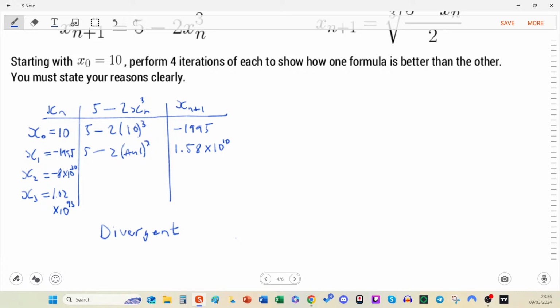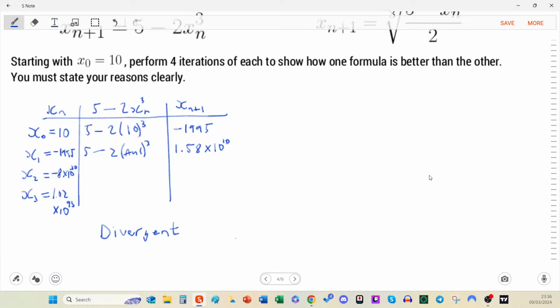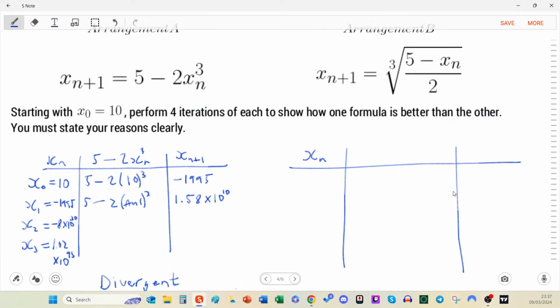Right, so that didn't look like a very pretty picture. Look at the other rearrangement, and sometimes you will find this, that different rearrangements are better. So I'm hoping that that's the case on this question. And if it isn't, never fear. We did the right thing, I hope. Looking at the working out is a way to double check, of course, but let's see.